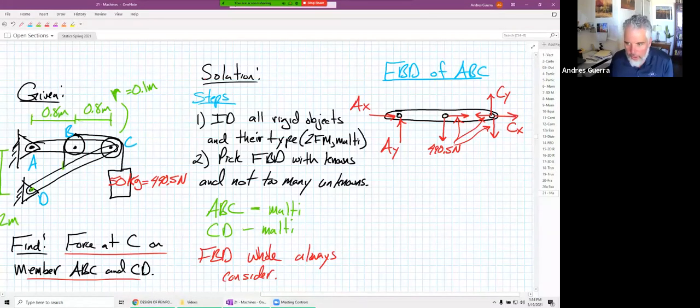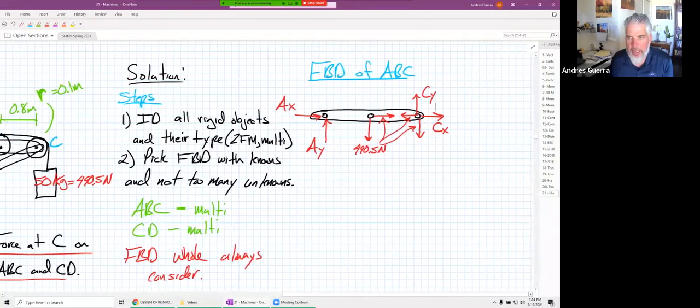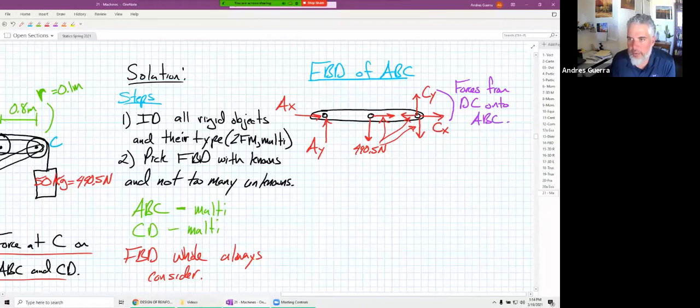So let's label these forces up here, this CX and that CY. These are the forces from D to C onto ABC. And remember that D to C is multi-force.